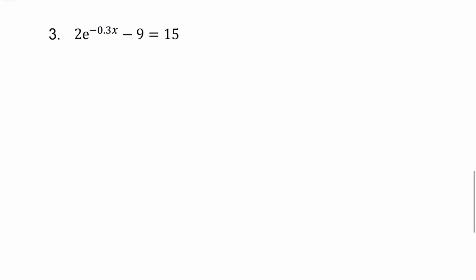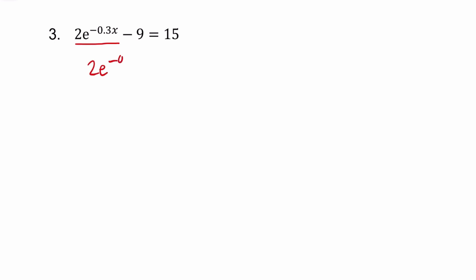In our third example, it looks kind of tricky, but we're still using the same properties. First, I would isolate this 2e to the power of negative 0.3x by adding 9 on both sides.